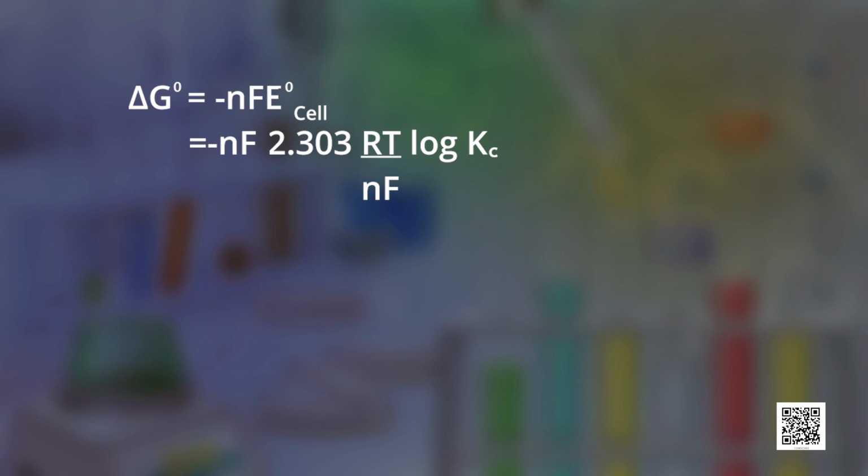If we substitute the values of E naught cell found above, we can get the value as minus NF into 2.303 RT upon NF log Kc, and so delta G naught becomes equal to minus 2.303 RT log Kc.